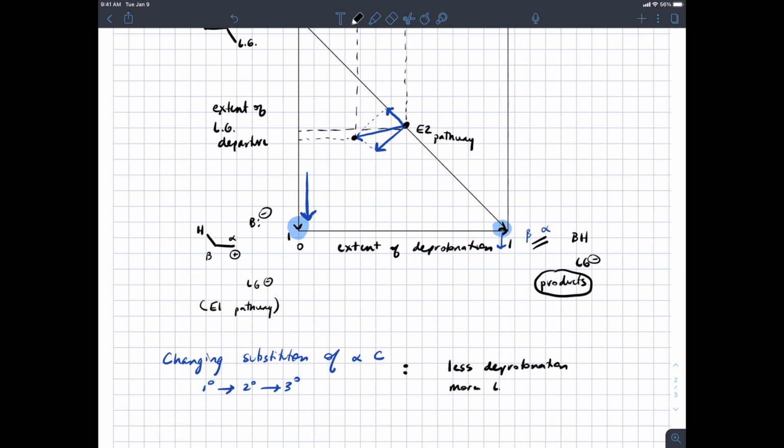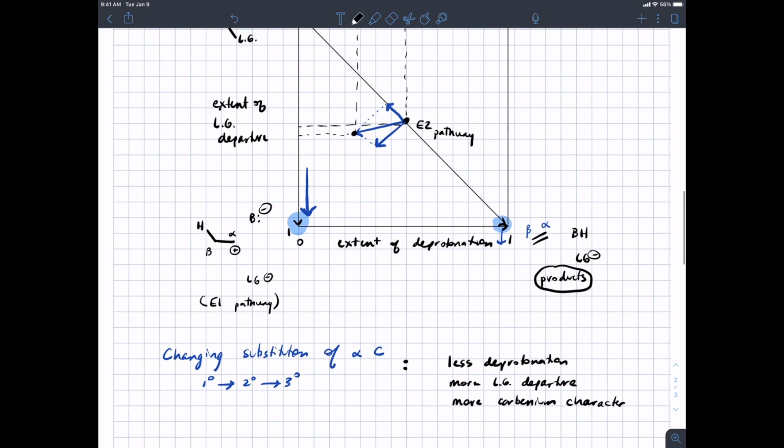Okay, good. More leaving group departure. Thank you, Kim, for being willing to speak up. The rest of you may speak up as well, as desired, no pressure. And the more we get along this extent of leaving group departure, the more we're actually going to get carbenium character, carbocation character at the alpha carbon. Okay, so that's cool.